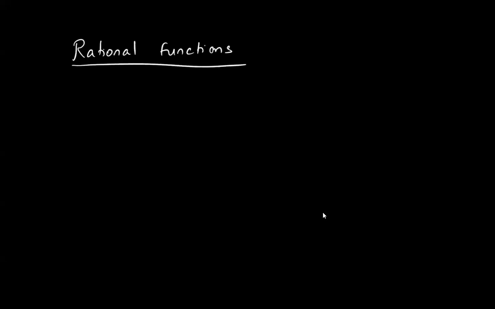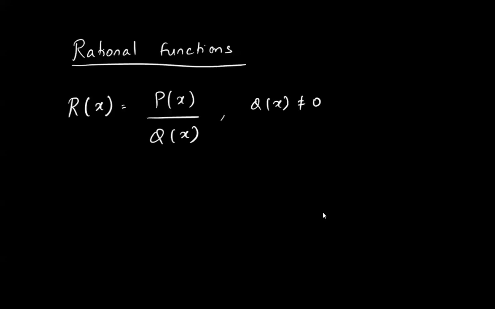Rational functions are of this form: a polynomial over another polynomial function, with the denominator not being equal to 0. So in a rational function, the domain becomes important. I'm going to take just one function right now to describe some of the important features.